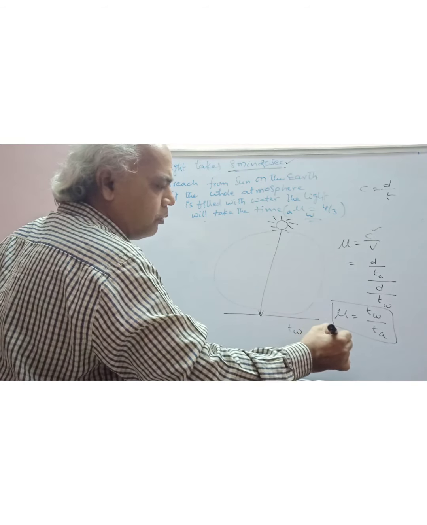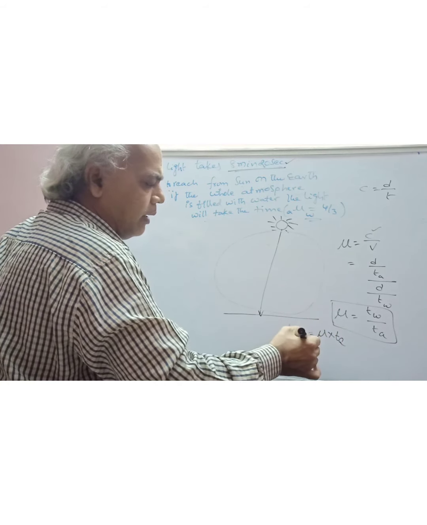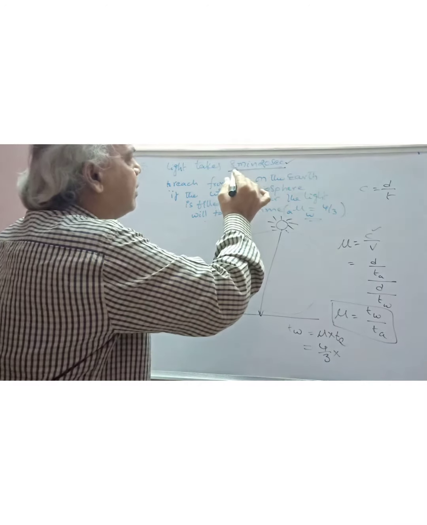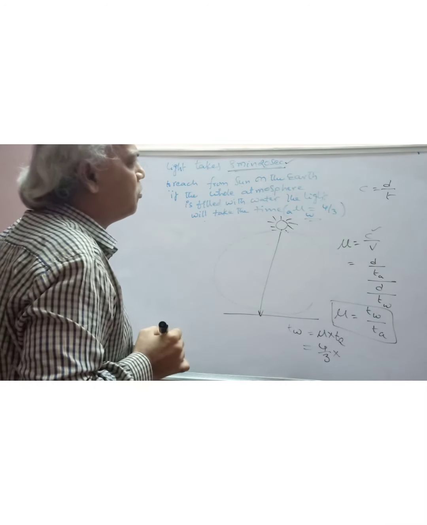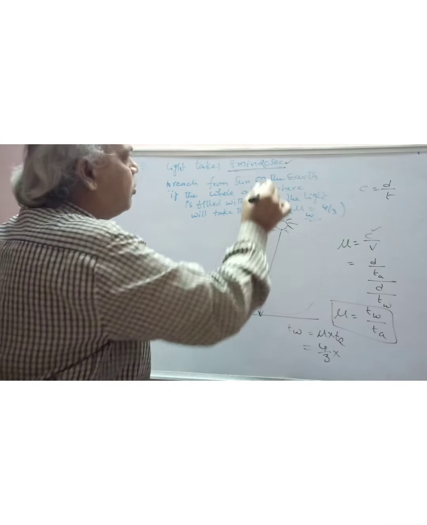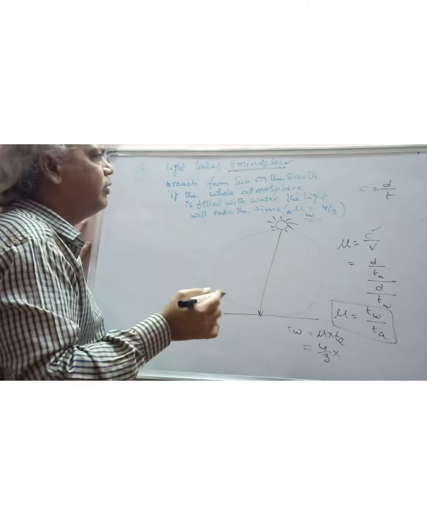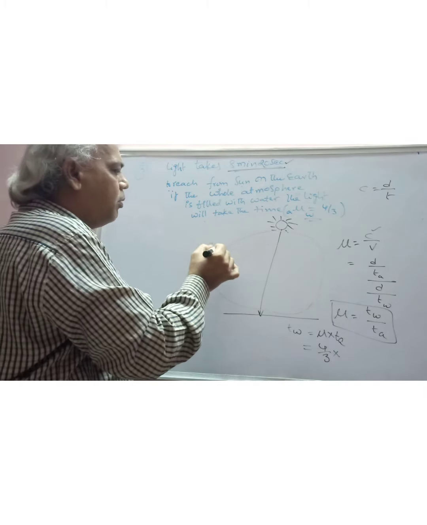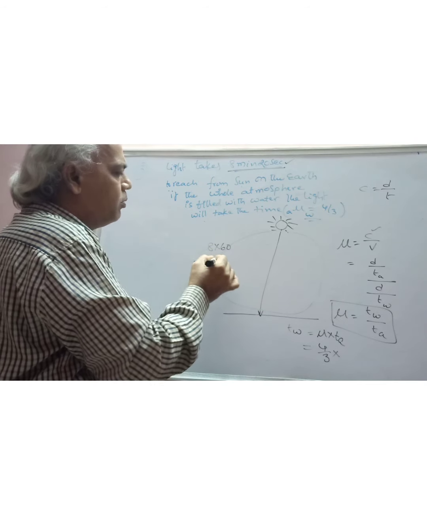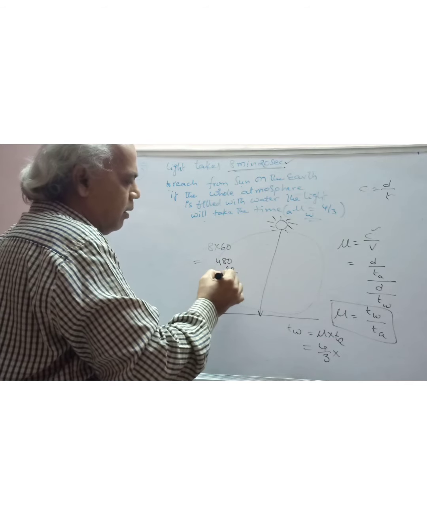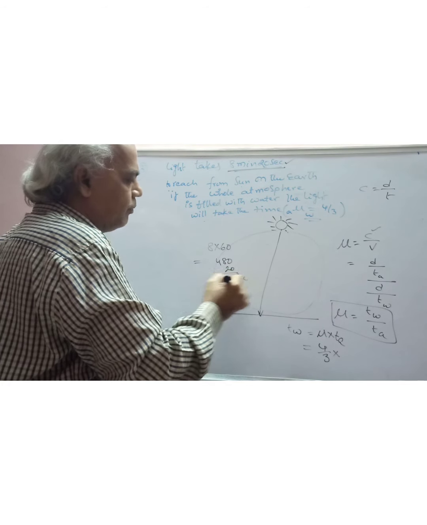So the time taken by light in water to reach the earth is Tw is equal to mu into Ta. Here mu value is 4/3 into Ta value is 8 minutes 20 seconds. So you convert this 8 minutes 20 seconds in seconds. Here 8 into 60, that is equal to 480 plus 20, 500 seconds.